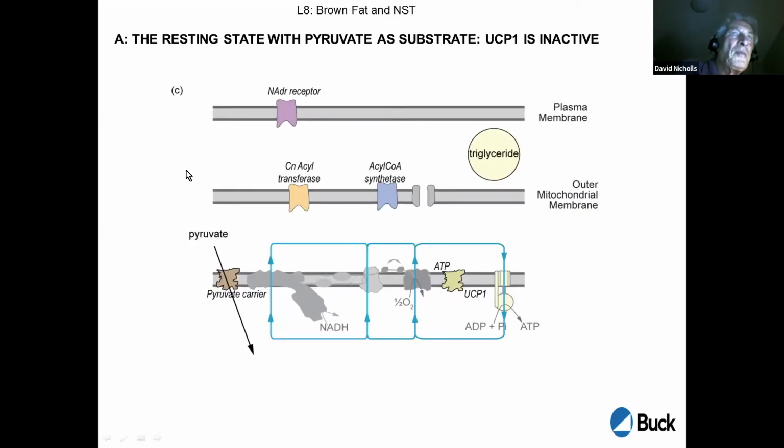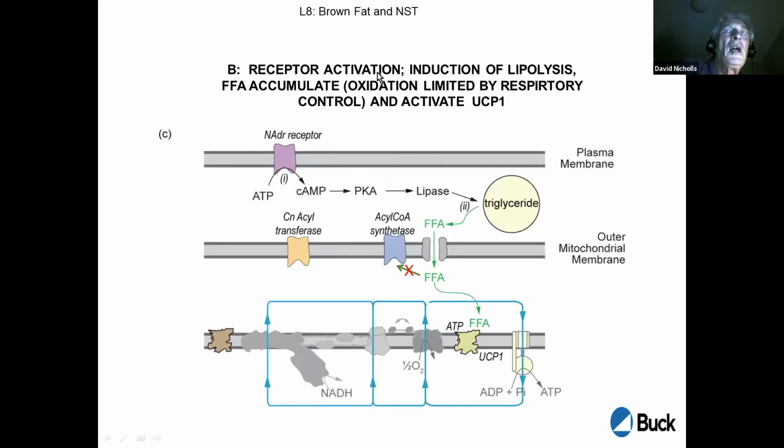So to go through that cycle in detail, we start off with a non-thermogenic substrate, and this is mostly pyruvate in the case of the brown adipocyte. So pyruvate will enter, fuel the citric acid cycle, and drive a conventional proton circuit with retained respiratory control. The first fatty acid that goes in cannot be oxidized at any particular rate because the mitochondria are showing respiratory control, which is inhibiting that oxidation.